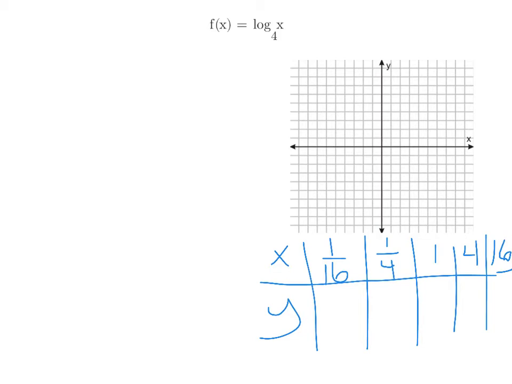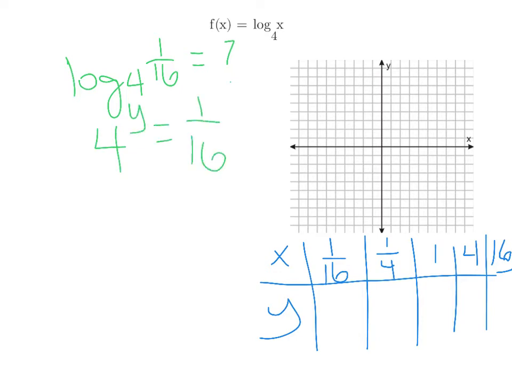So if I start off with log base 4 of 1/16 and evaluate it, I'm looking for 4 to an unknown power equals 1 over 16. Well, 4 to the negative second is 1/16. Therefore, when I input 1/16, I get an output of negative 2.